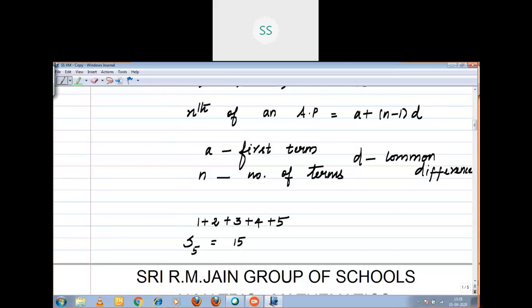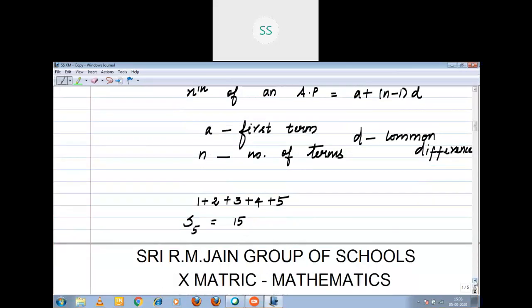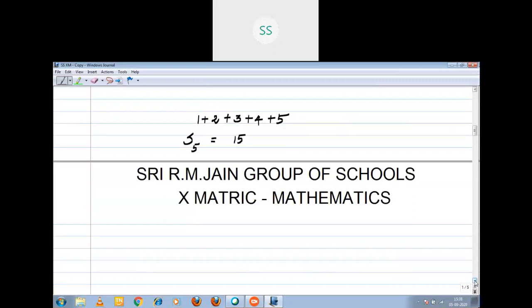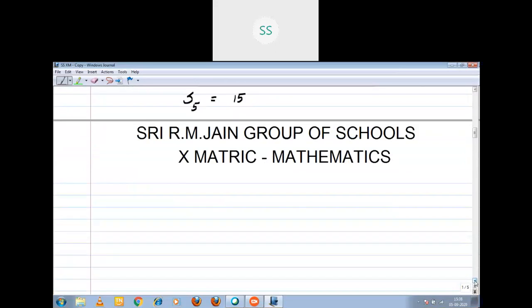Suppose the series is lengthy, sometimes it may be infinite. That time the mathematician introduced the formula Sn equal to n by 2 into 2a plus n minus 1 into d. Got it?